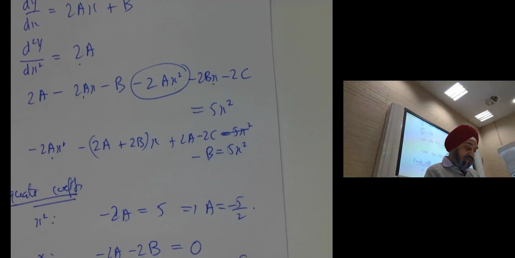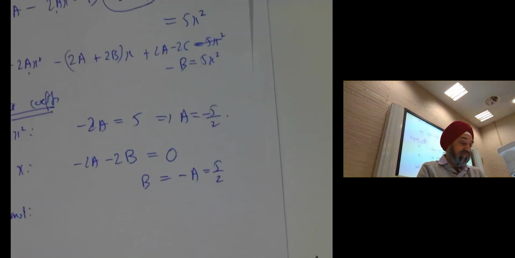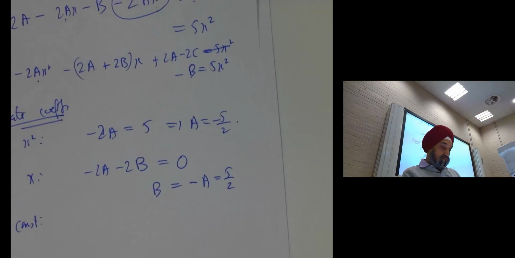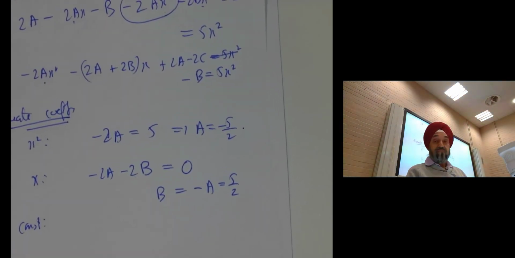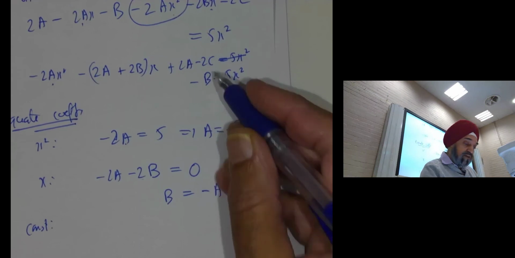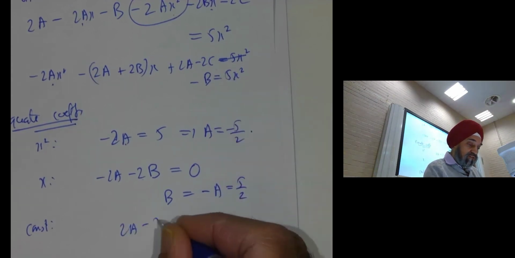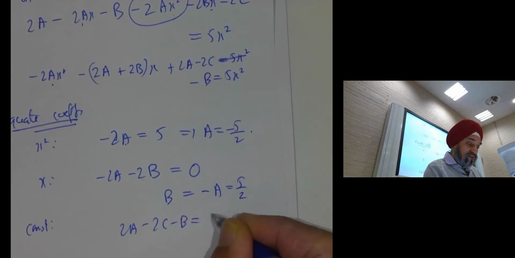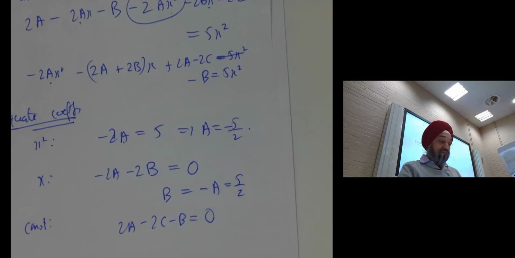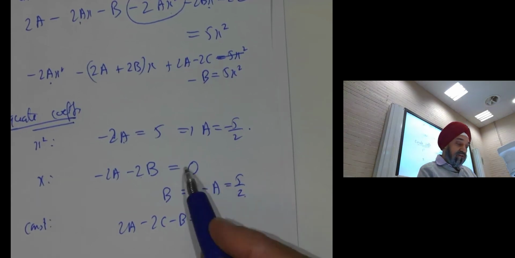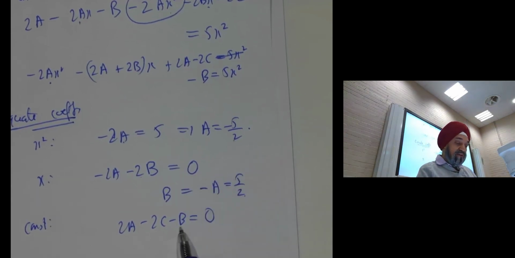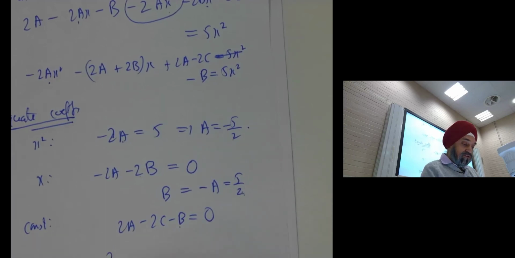How do we find c? 2a minus 2c minus b is 0, isn't it? Yeah? Okay, I've got values for a, minus 5 over 2, b, plus 5 over 2, so we've got 2 times minus 5 over 2, minus 2c, and b is minus 5 over 2, isn't it?